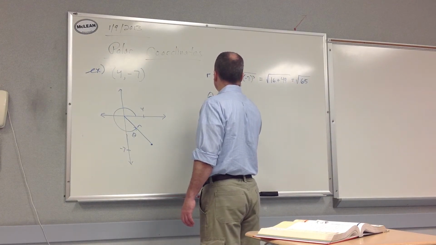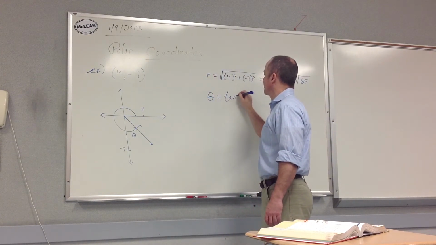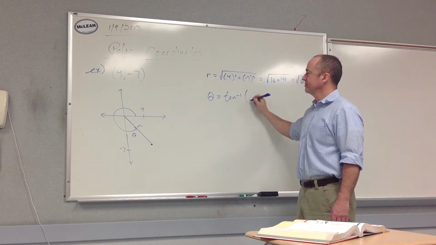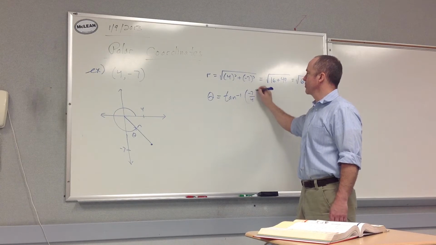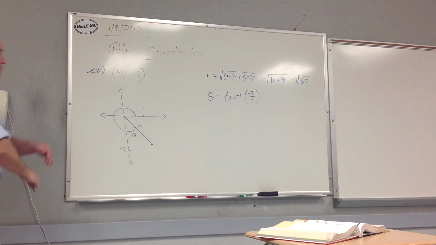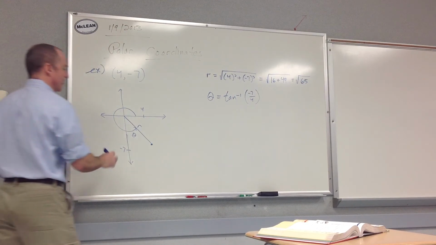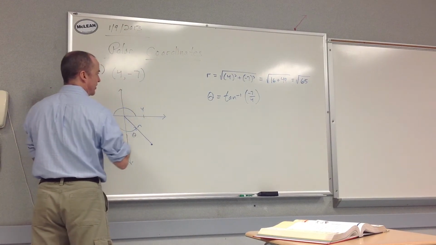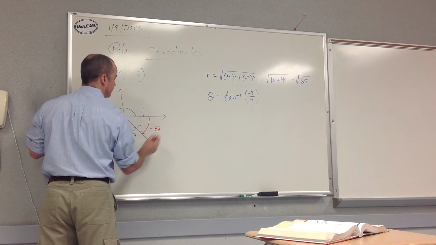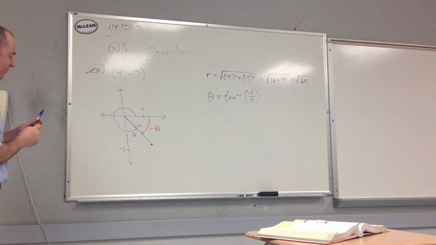And I would be stuck saying that theta is equal to the inverse tangent of negative 7 over 4, which, if I put that in my calculator, would actually give me this negative theta, not the standard angle, the negative reference angle. But without a calculator, this is as far as I'm going.